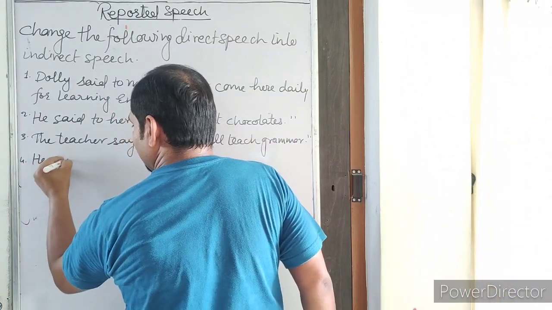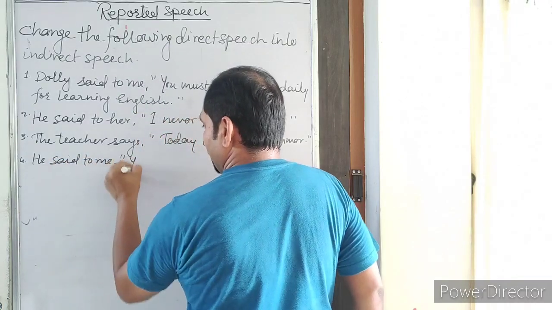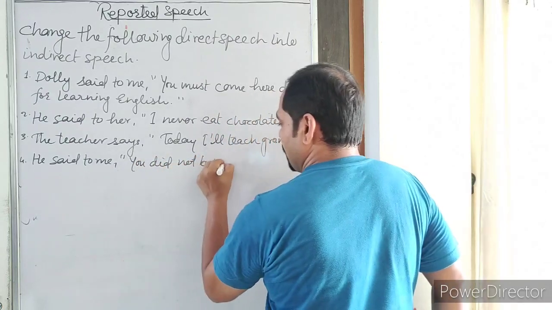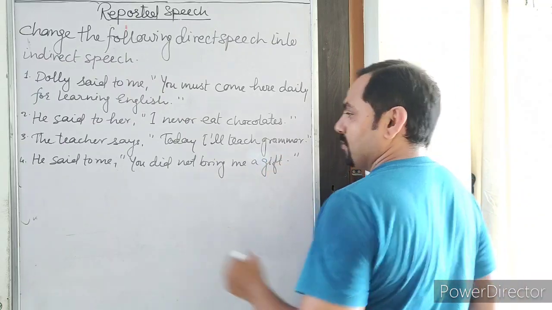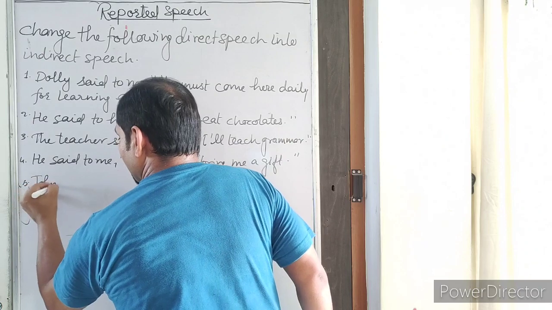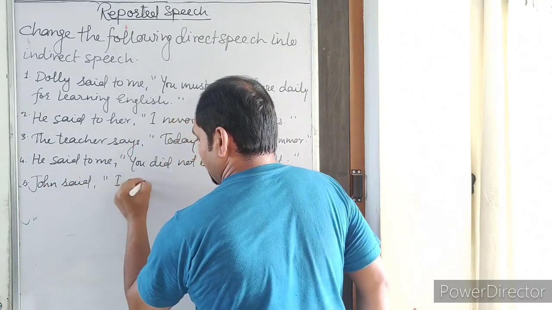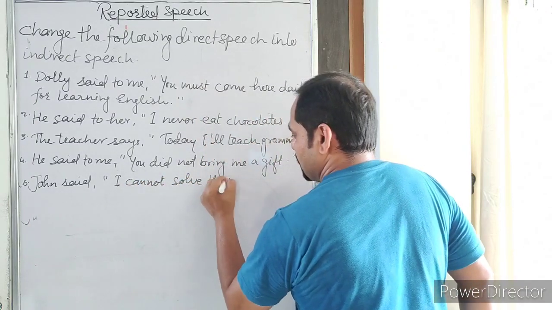He said to me, "You did not bring me a gift." And I'm going to give you the fifth one. John said, "I cannot solve this problem."